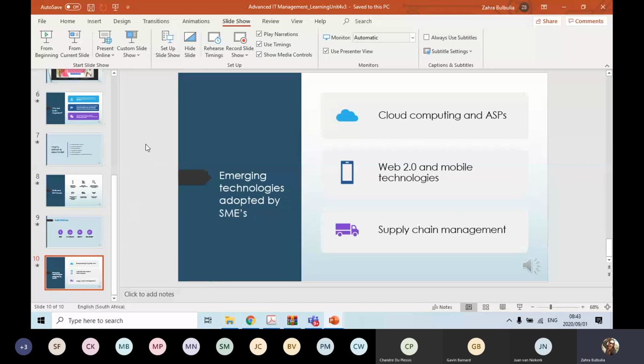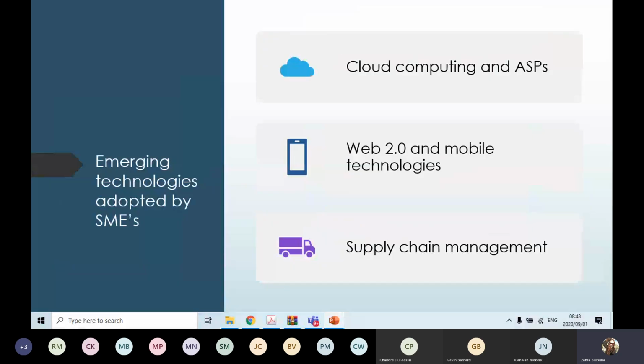So emerging technologies adopted by SMEs, we're going to talk through this a little bit. Some of this you already know because you've done it in cloud for the whole of last year. In terms of emerging technologies adopted by SMEs, we are going to first be looking at cloud computing and ASPs.